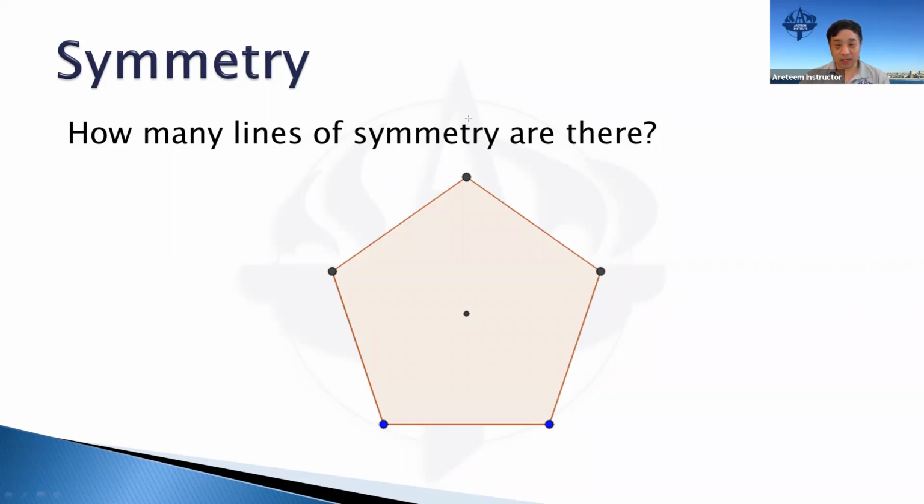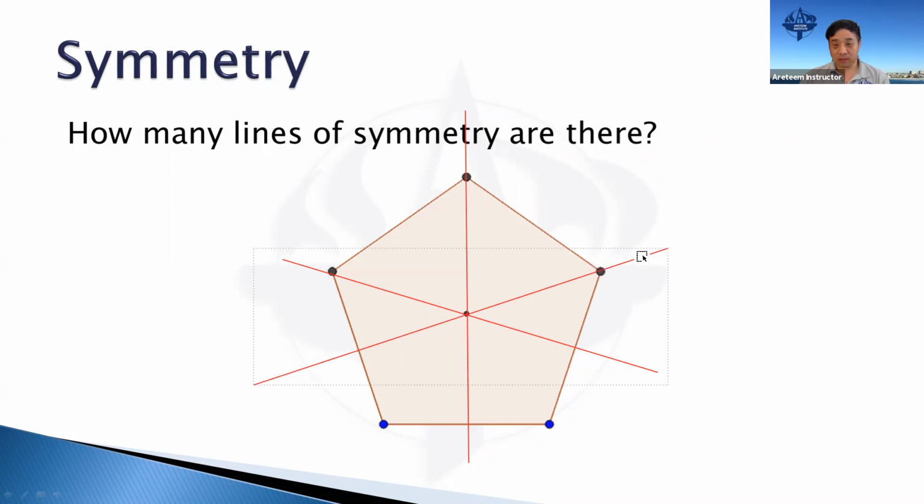One is the vertical. I have the center here, so just connect the center, and that's a line of symmetry, no problem. And then we could do a line of symmetry in this direction, and the remaining 2 are like that.